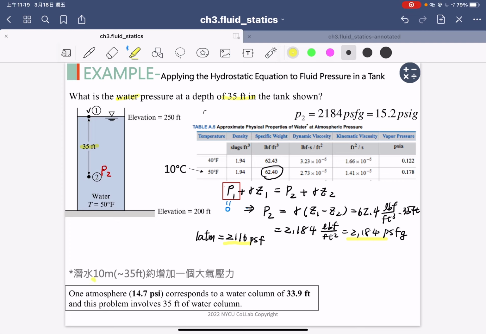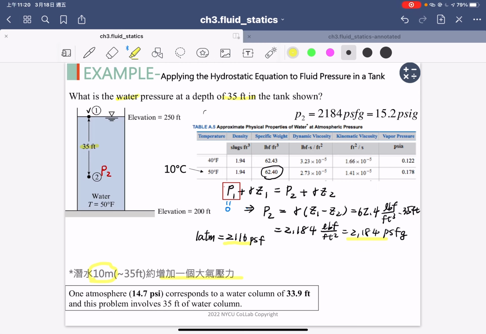If you increase the water depth by 10 meters, you will have an additional 1 ATM of pressure. So it is very important information for water divers. They need to check their gauge pressure, so they actually know how deep they are in the water.